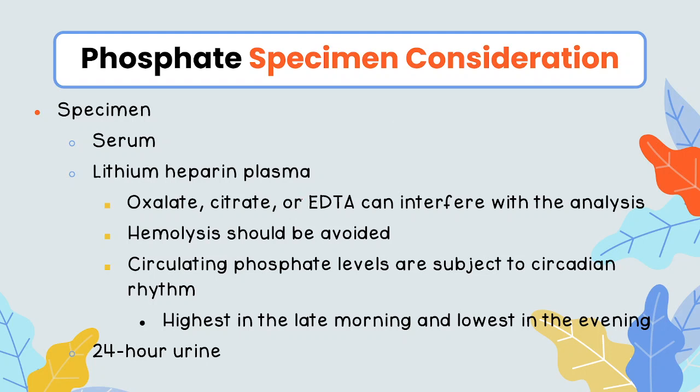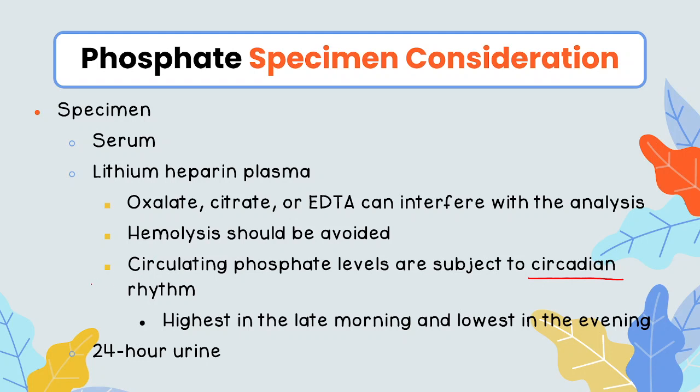But here, we are looking at the circadian rhythm of our body, and your phosphate is highest in the late morning and lowest in the evening. So whenever phosphate is being measured, might as well record the time so that the physician would know, because for example, if the patient had blood drawn in the evening, technically it is low at that time, so at least they can correlate it.